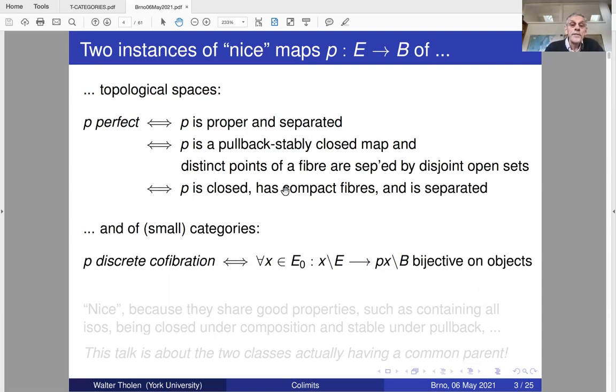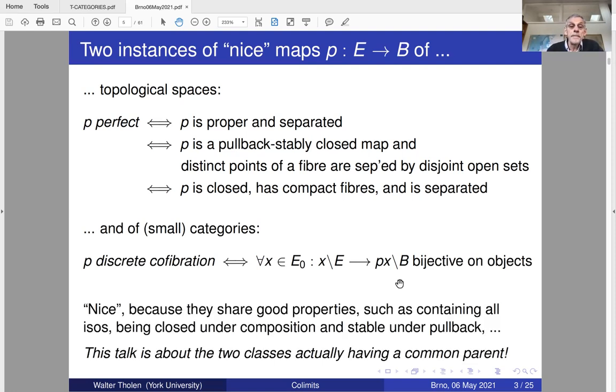And now we go to a different environment, that of small categories. Everybody knows what a discrete co-fibration is. The functor goes from E to B, and whenever you take a morphism in B whose domain comes from upstairs with an X in E, then you find a unique morphism from X that is being thrown onto the given morphism.